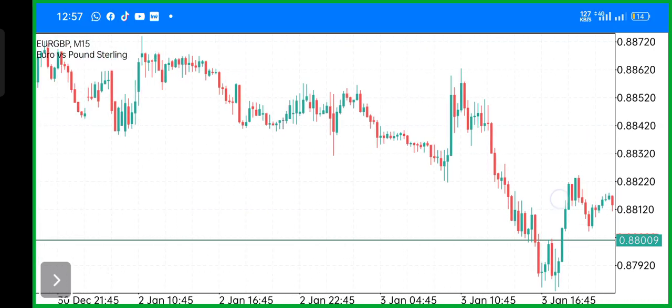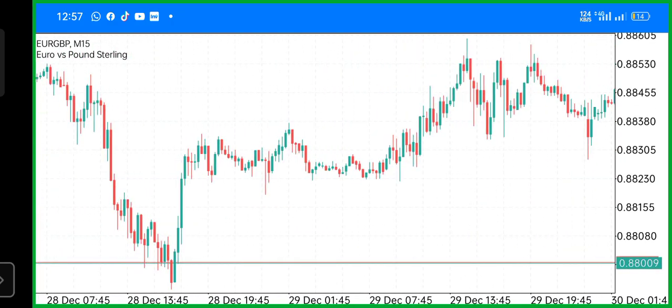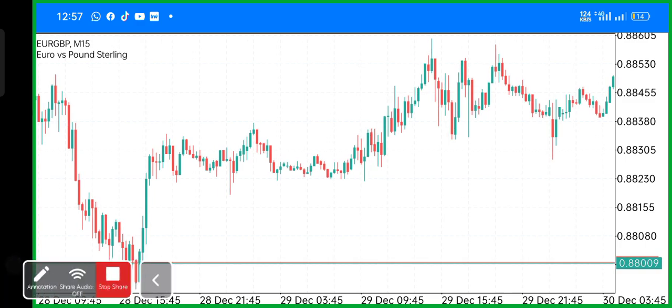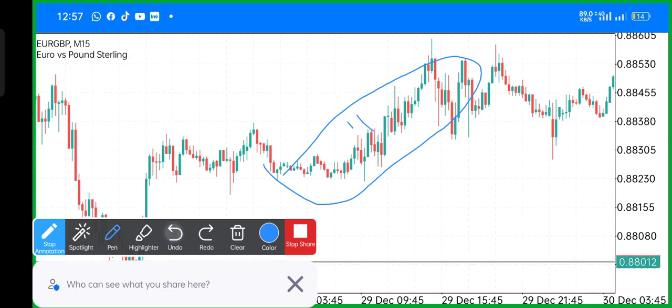So I just want to show you guys an uptrend. Okay, so this portion you can literally tell was an uptrend, a series of higher highs and higher lows. I'm just going to mark the H here.